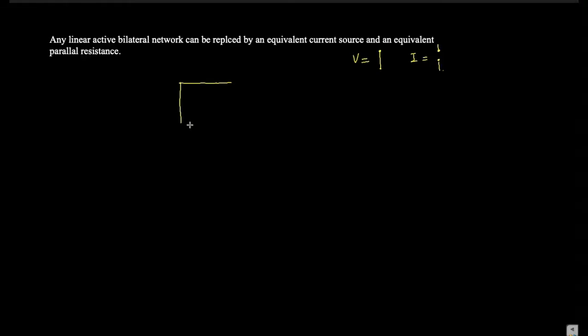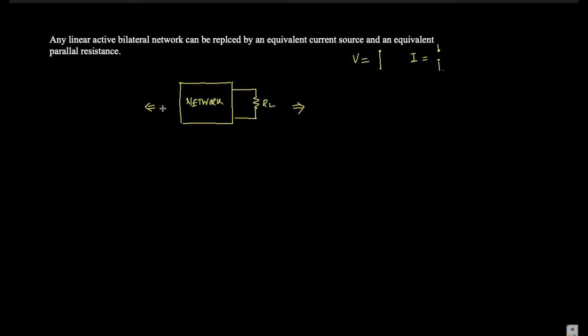Consider a complicated network where a load RL is connected. These two theorems are for finding the current through any specific resistance, and that resistance may be variable in nature.